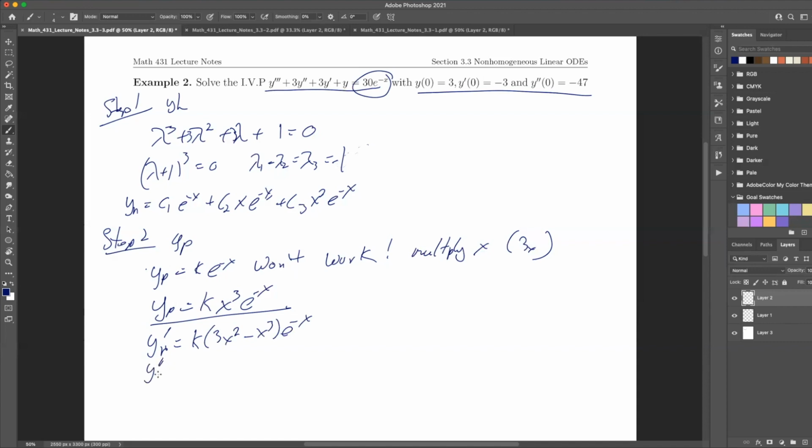Double prime will give me k of 6x minus 6x squared plus x cubed e to the minus x. Y triple prime is equal to k. And you can also use your calculators to find your derivatives. I'm not opposed to it. I assume you know how to find a derivative. That might be a big assumption.